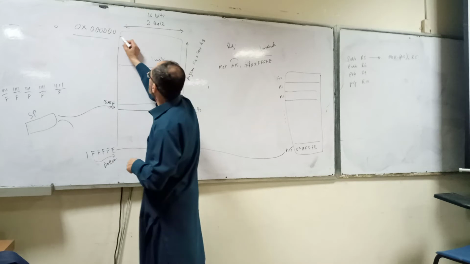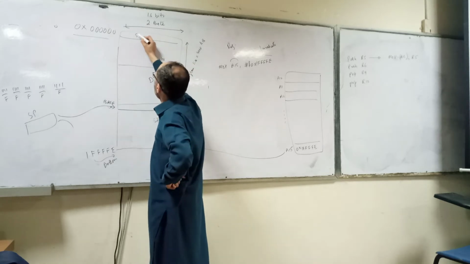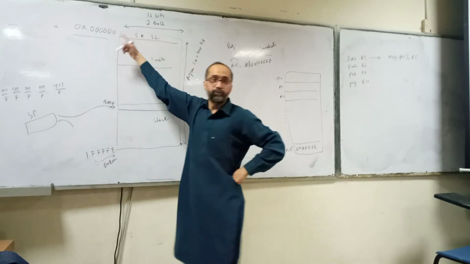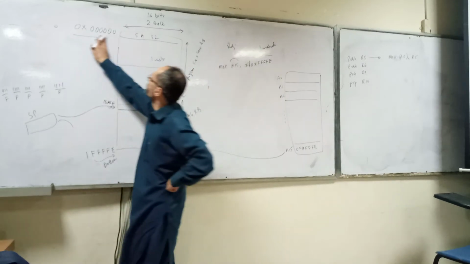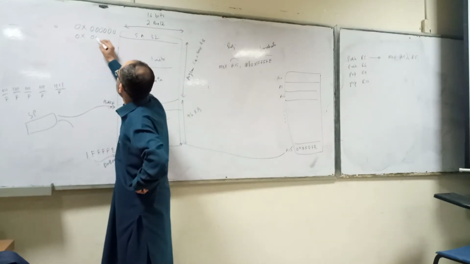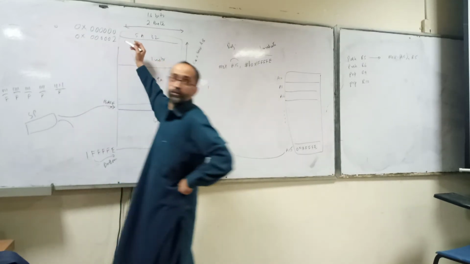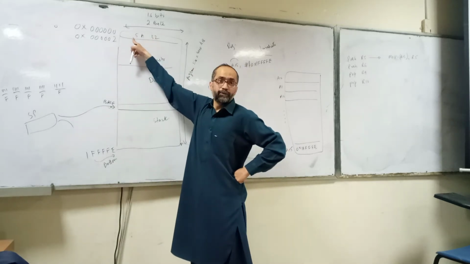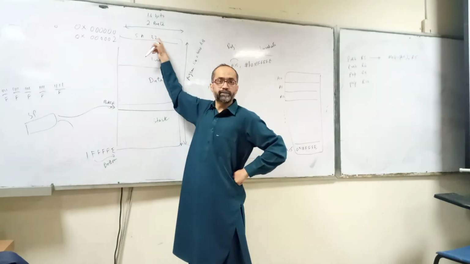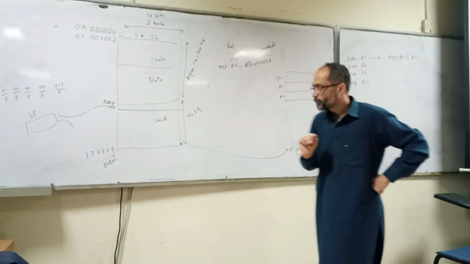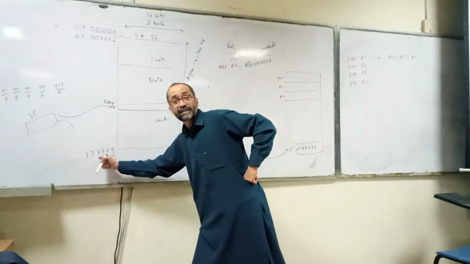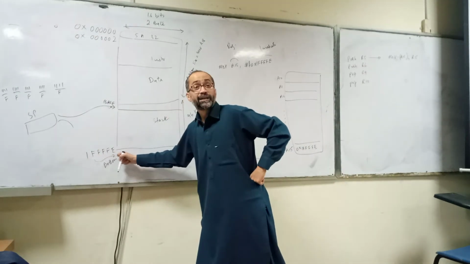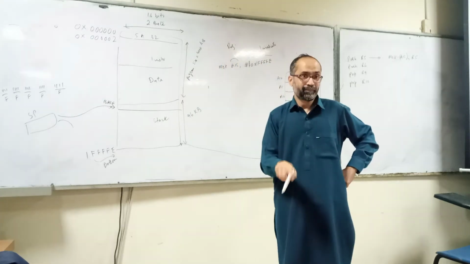If this address contains the data 5A32, I am writing every data in hexadecimal. What will be the next address? 0x000002. One is even address and one is odd address. We assume that the memory is byte addressable. That's the reason we are using a decrement of 2, and that's the reason the last address is 1FFFE, not 1FFFF.